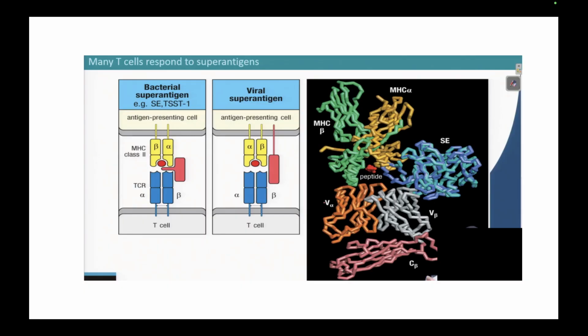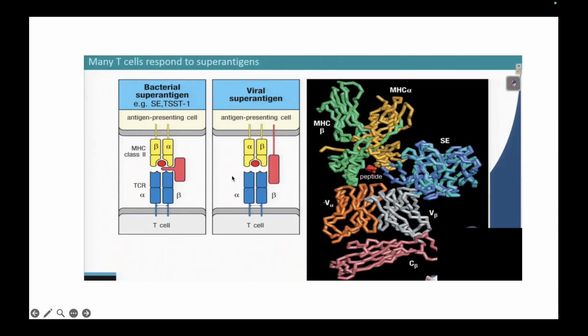Along with that there is a T cell population which responds to super antigens. Super antigens means antigens that do not require being presented by the MHC molecules. For example, this one you can see, this antigen is not being presented like this one. It is only bringing both the T cell receptor and MHC molecule together, but not being presented in a conventional manner.